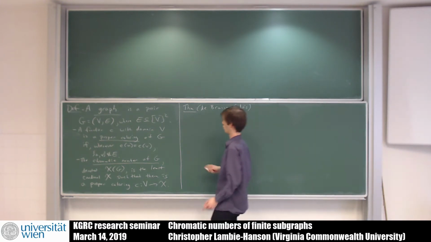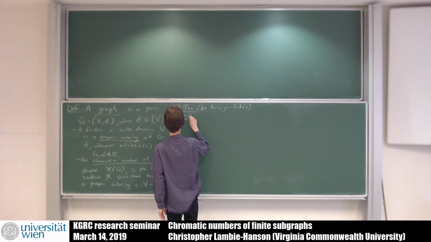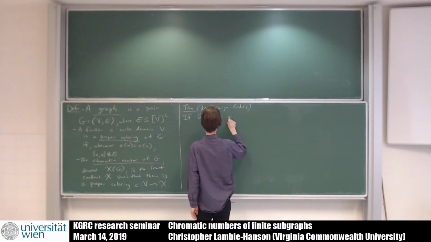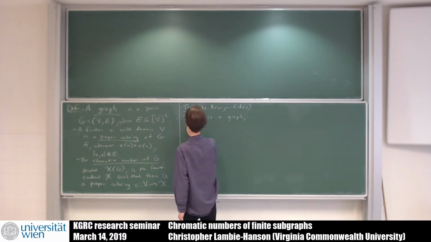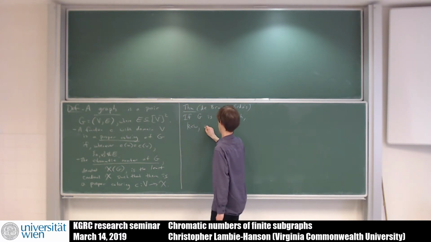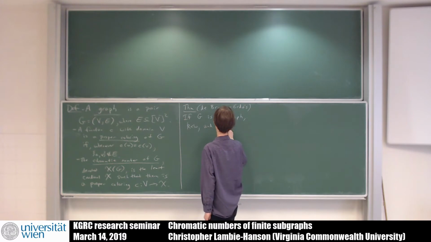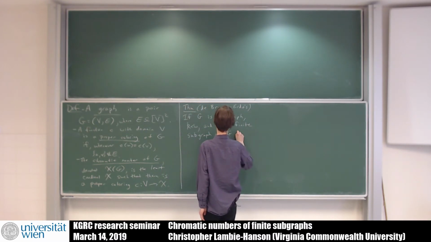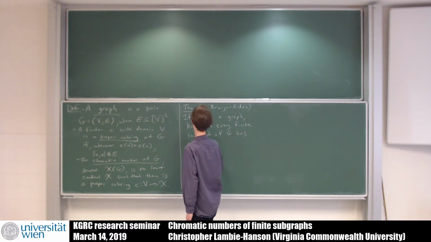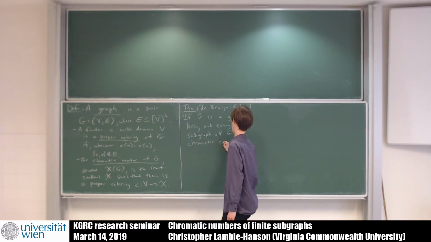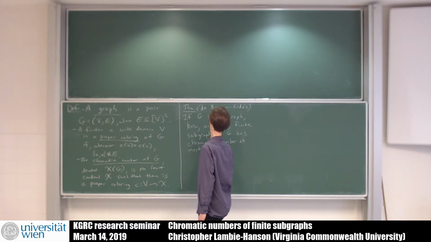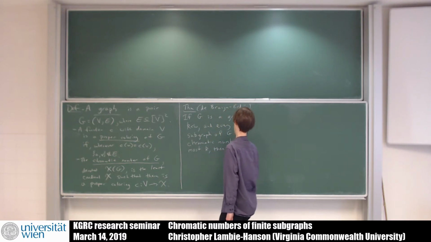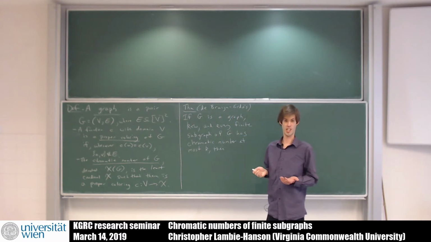More particularly, it says the following: if G is a graph, k is some natural number, and every finite subgraph of G has chromatic number at most k, then G itself, the entire graph, has chromatic number at most k.